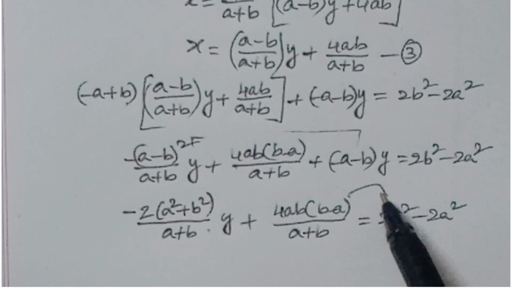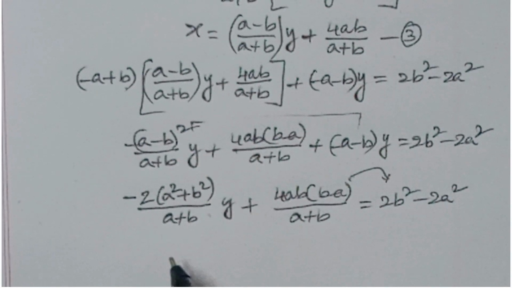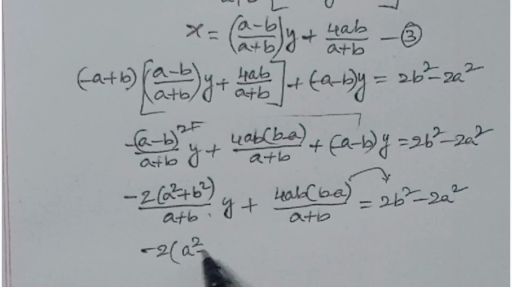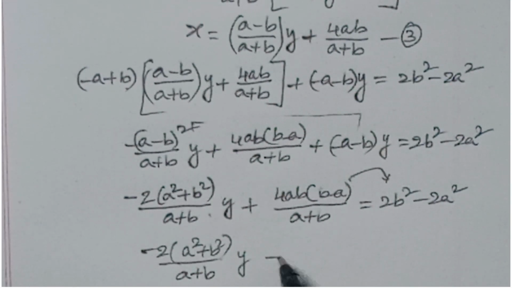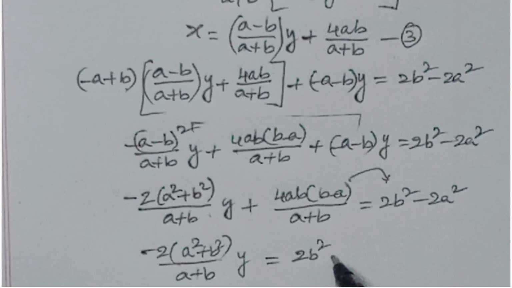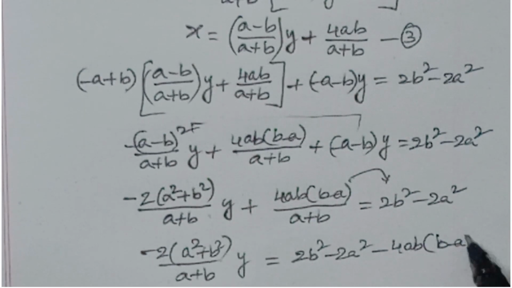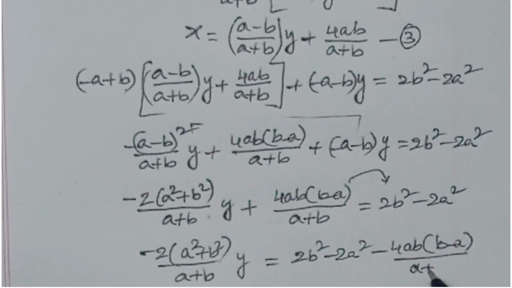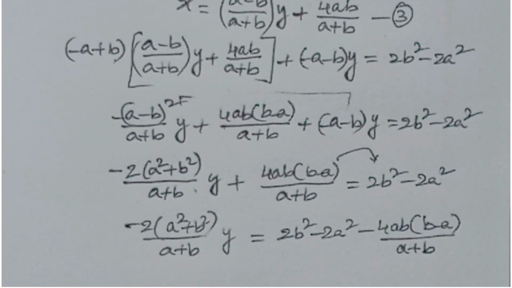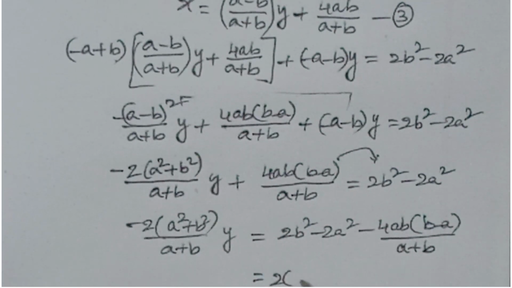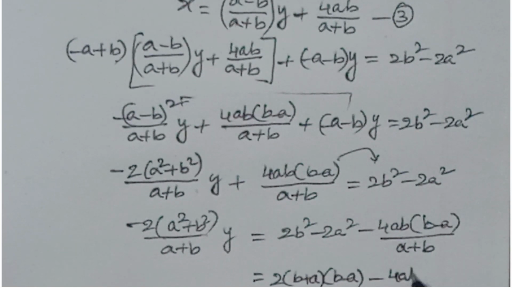Now send this term to that side: -2(a²+b²)/(a+b) y = 2b² - 2a² - 4ab(b-a)/(a+b). So it is somewhat logical. This can be written as 2(b+a)(b-a) - 4ab(b-a)/(a+b).